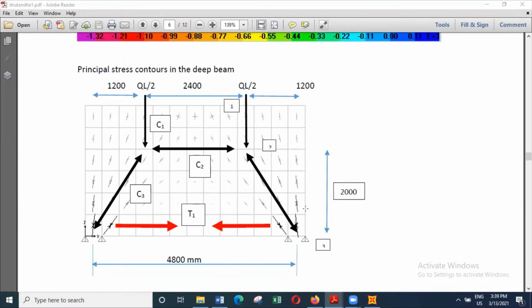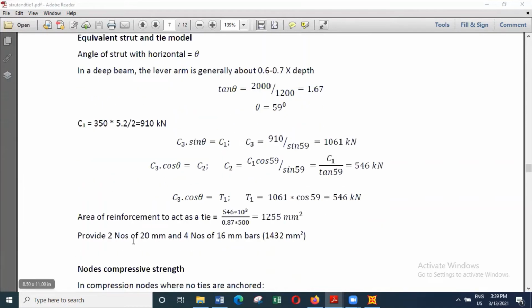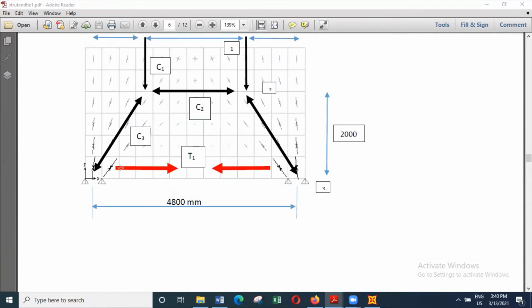So over about 300 to 350 millimeters you can provide this reinforcement, because we need two numbers of 20 millimeter bars, which can be the bottommost, and then you can have two more bars of 16 millimeter concentrated within the first 300 millimeters of the depth. So this way you can make sure the tensile stresses are adequately looked after.